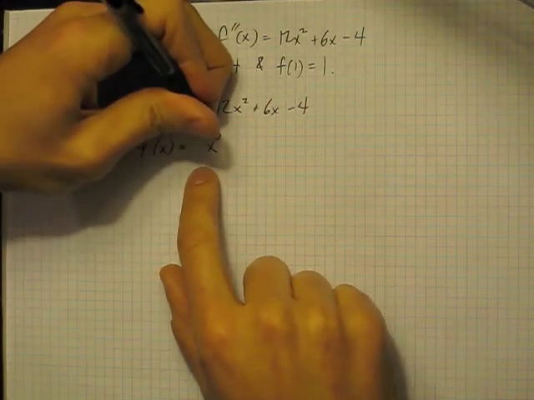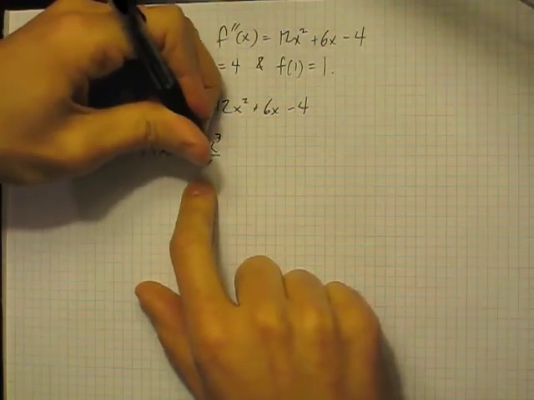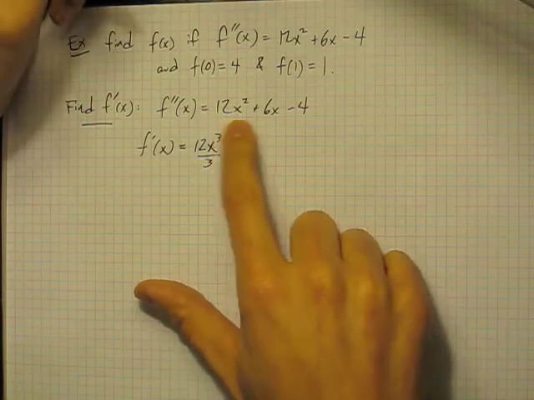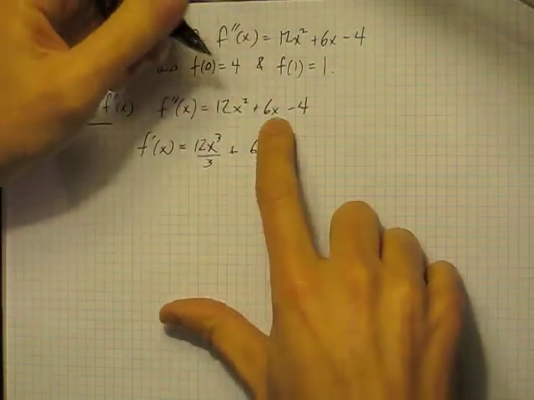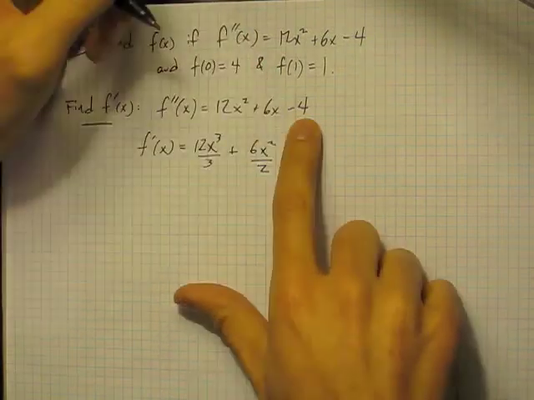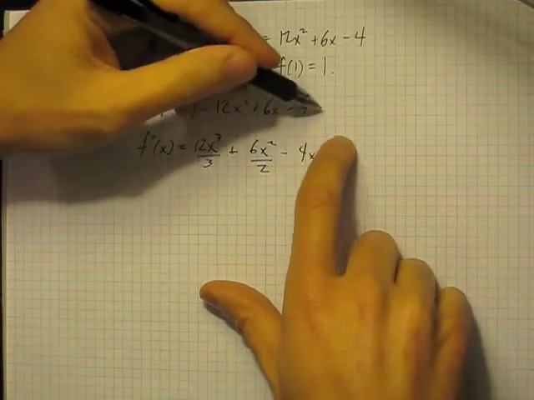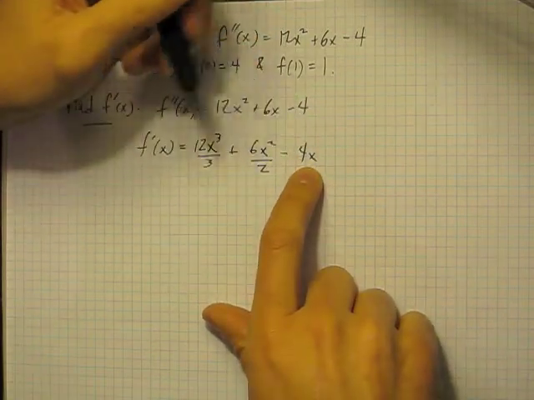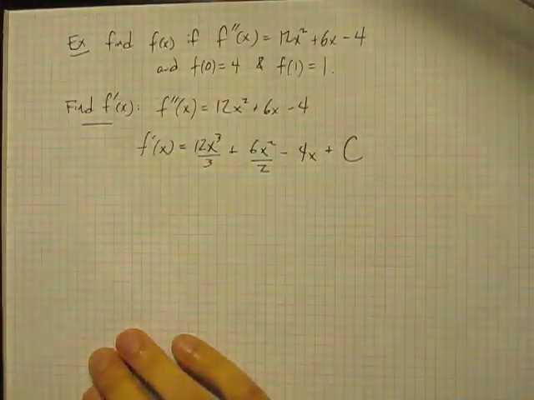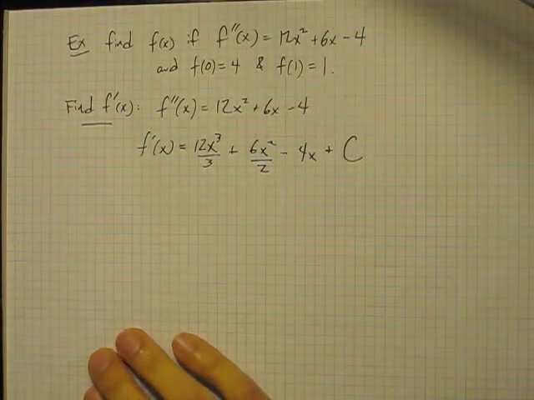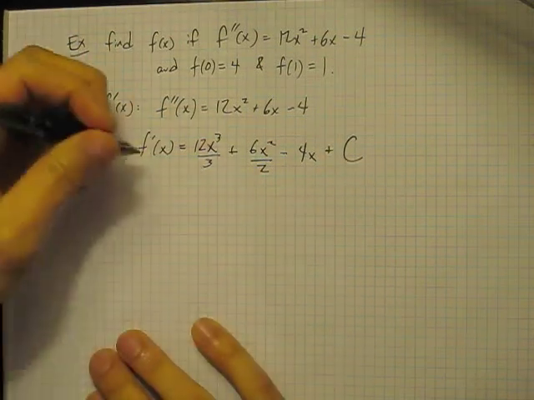We want to raise the power of x by 1 and then divide by the new power. Okay, that takes care of that piece. This piece here, we want to raise the power by 1, divide by the new power, and then here we raise the power by 1, so there's no power here, so raising it by 1, I'm just going to put an x in there, and then we get a constant in here, okay? So that's the first derivative, all right? We don't know what this is yet, but we'll find out, okay?